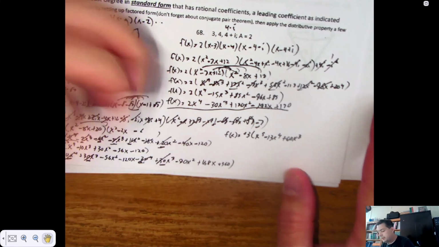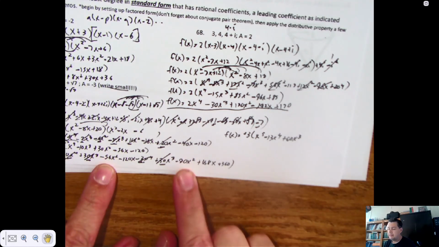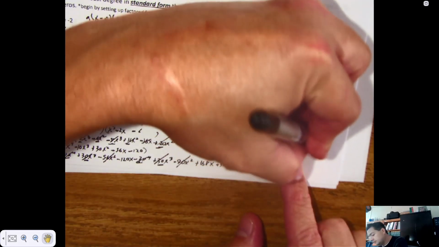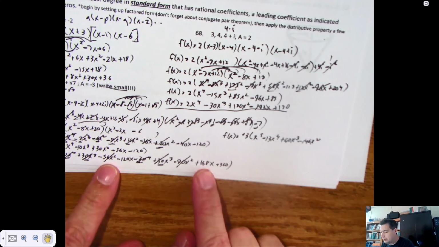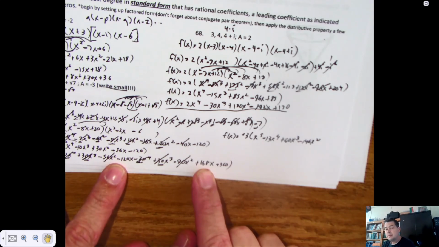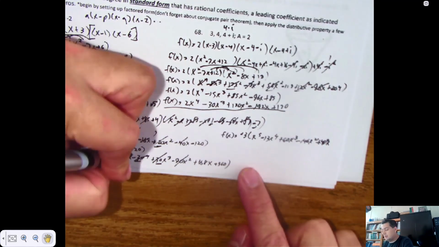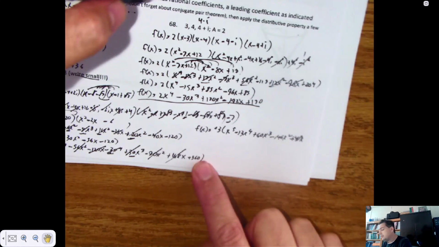Gone, gone. X squareds, I have a negative 56 and negative 90. That's minus 146 of them. Gone, gone. X's, I've got a negative 120 and a positive 168, so that's plus 48x. And then finally plus 360.